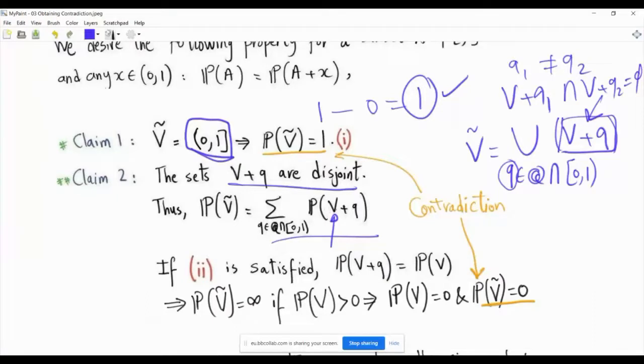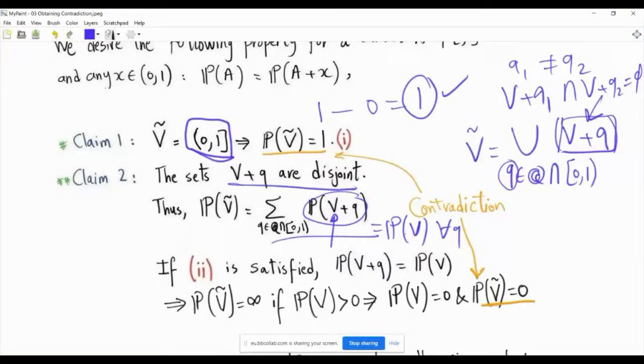The probability assigned to V will be the exact same probability as any of those translated sets. So this is equal to the probability of V for every Q, because each one of those sets is just V translated, and we want translation invariance. So this summation will be the sum of a single number, right?